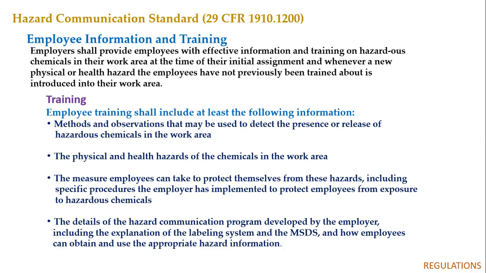The employee training shall include at least the following information: the methods and observations that may be used to detect the presence or release of a hazardous chemical in their workplace, the physical and health hazards of the chemicals in the work area, and the measures employees can take to protect themselves from the hazards, including specific procedures the employer has implemented to protect employees from exposure to hazardous chemicals.